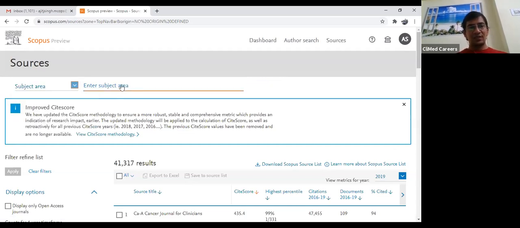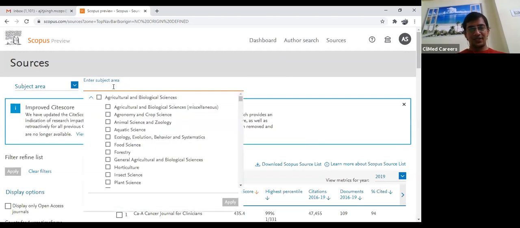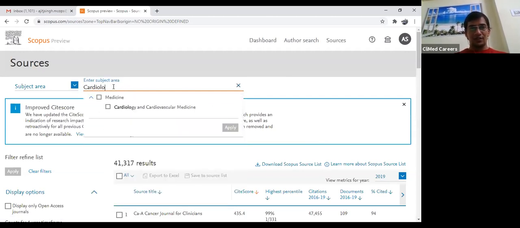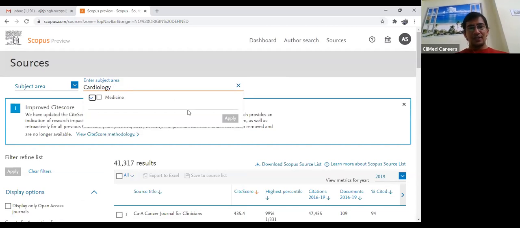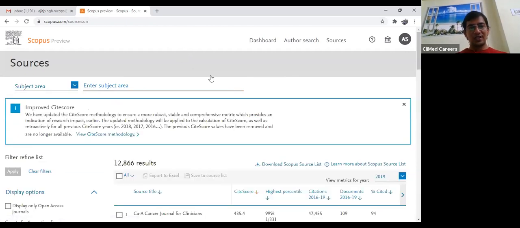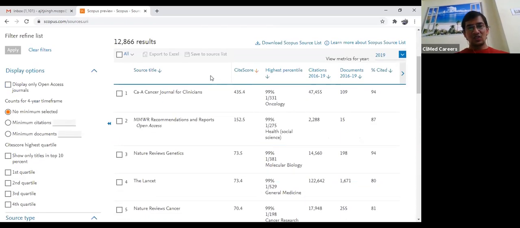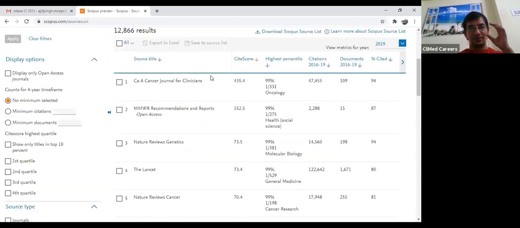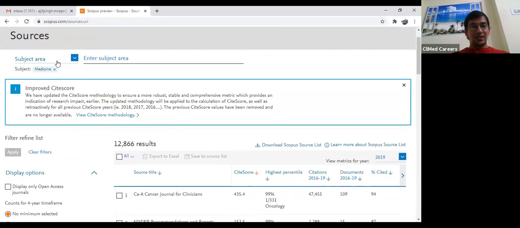Like if you want to search in cardiology, let's search in medicine. Yes, there are 12,866 journals in medicine, right? It is by subject area.